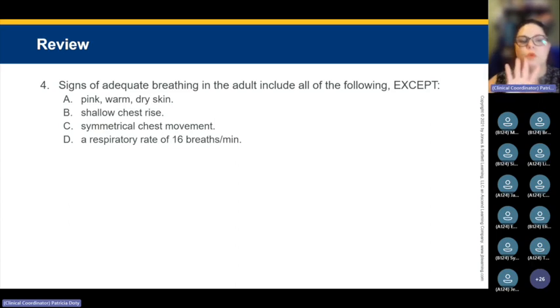All right, number 4, signs of adequate breathing in an adult include all of the following except A, pink, warm, dry skin, B, shallow chest rise, C, symmetrical chest movement, D, a respiratory rate of 16 breaths per minute. Read it one more time. Got a lot of B's coming in.